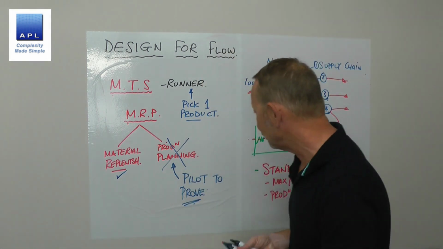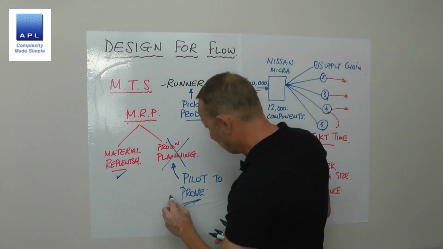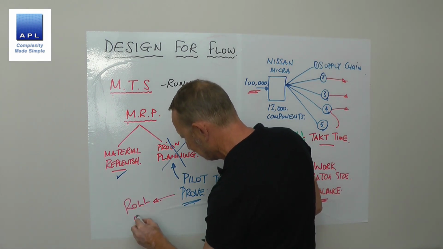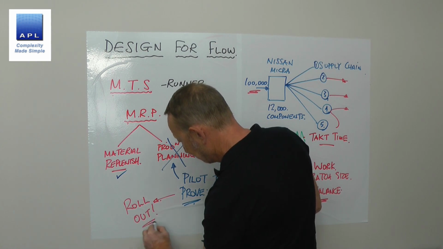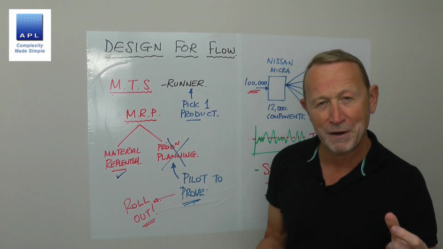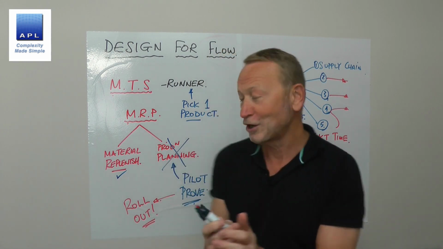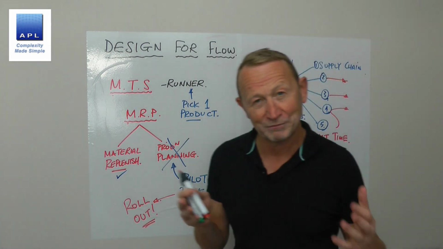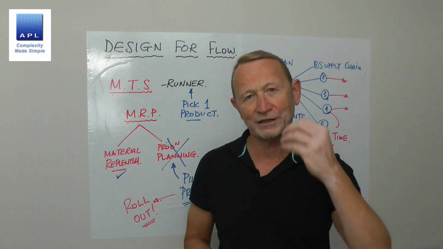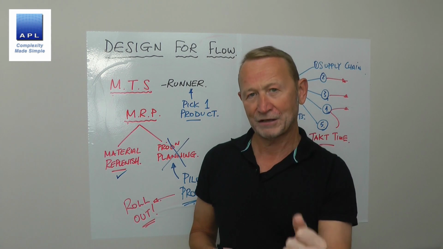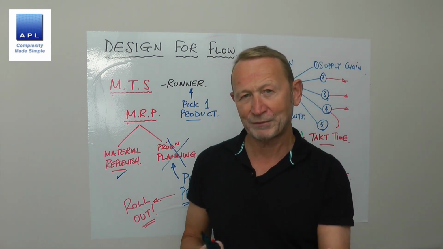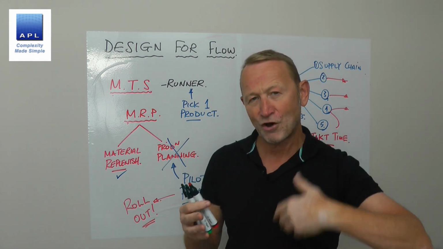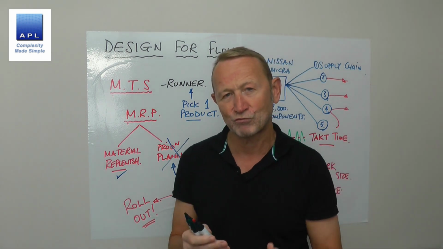Once you've got everything optimized and you've done a pilot to prove, then you can start the rollout. But if you roll it out as one big bang to the whole factory, all the mistakes that you're going to make are just going to go through the whole system. It's going to be a rip-roaring disaster. So pick the correct item, a stable item, something that you know you can test the methodology on, and it's less of a risk.